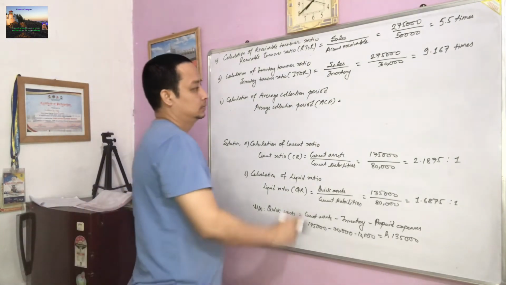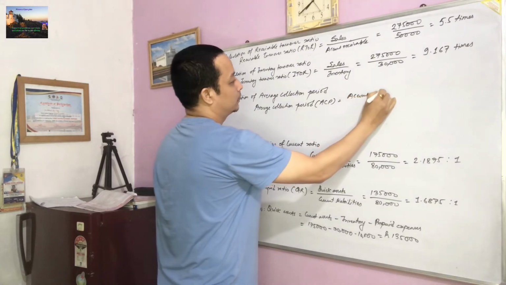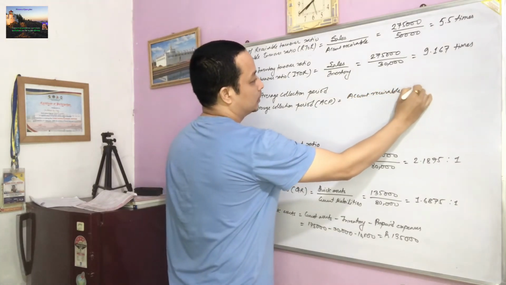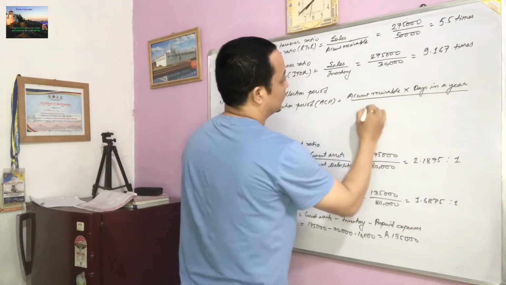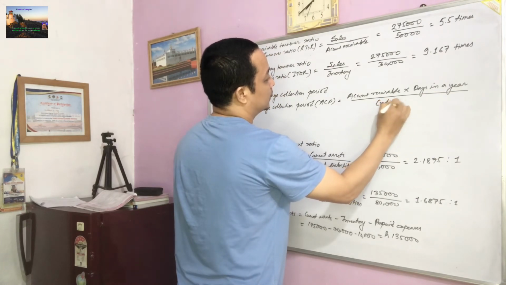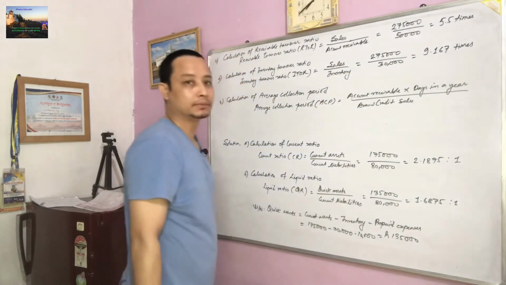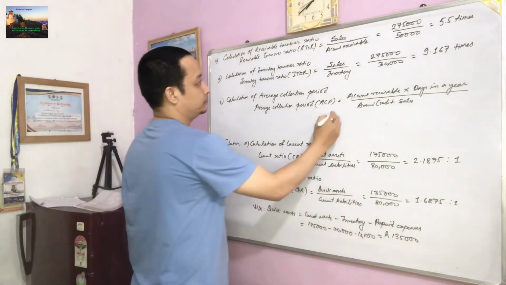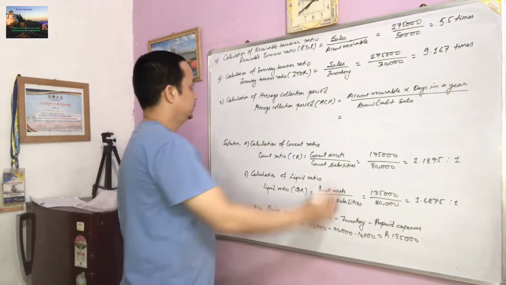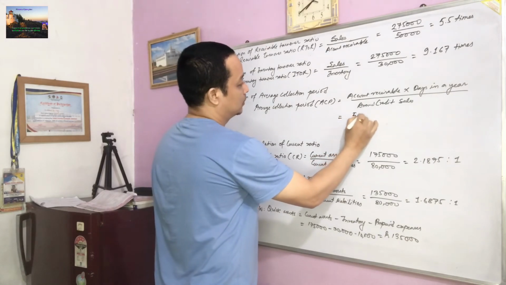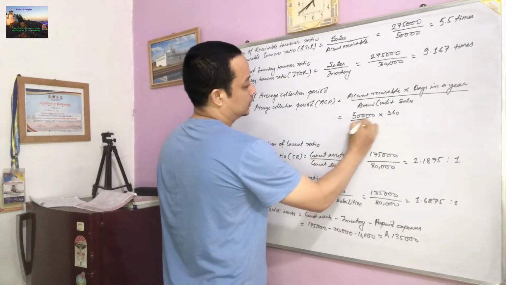Average collection period equals account receivable into days in a year divided by credit sales, annual credit sales. You can also write here annual or credit sales. It's the same thing here. So here now let's put the value of these items. Account receivable, it's here 50,000. Days in a year is given in the question, 360.